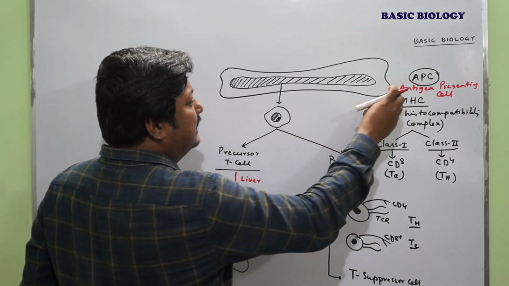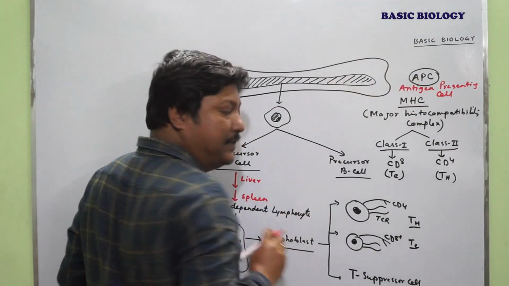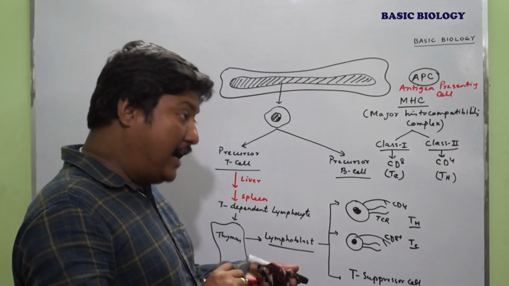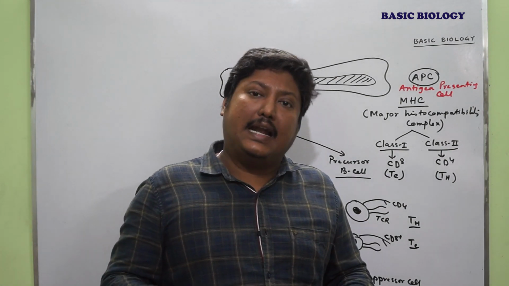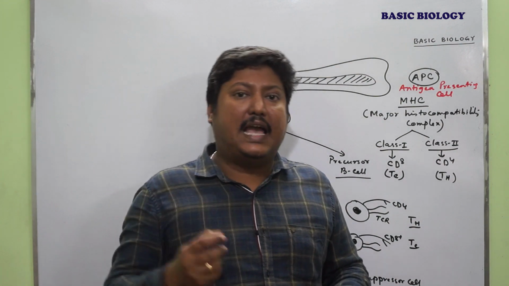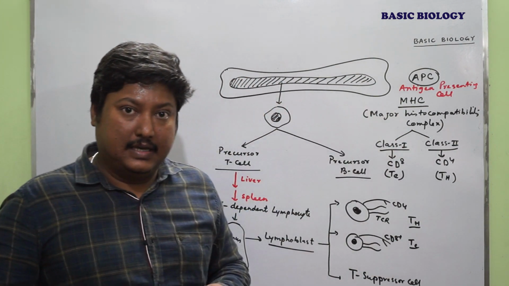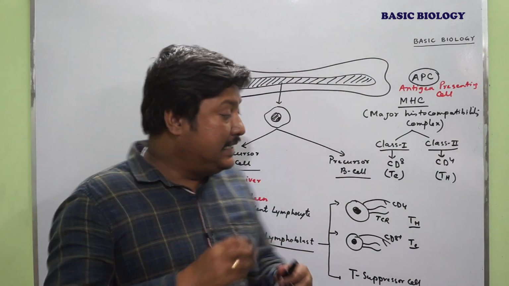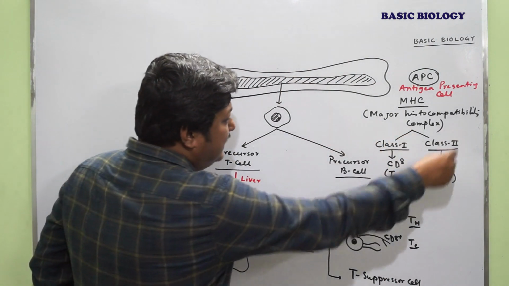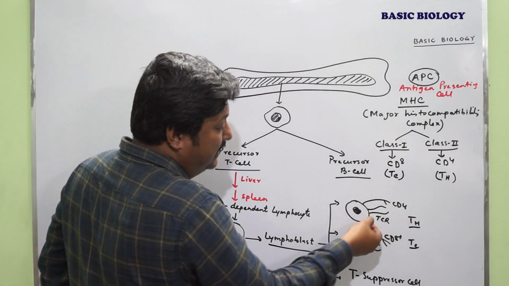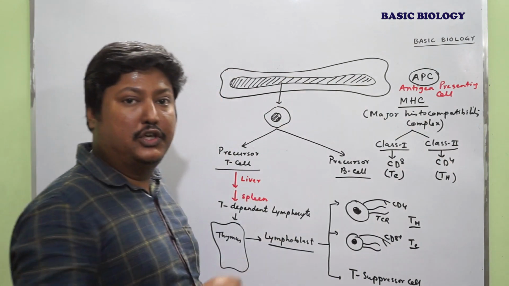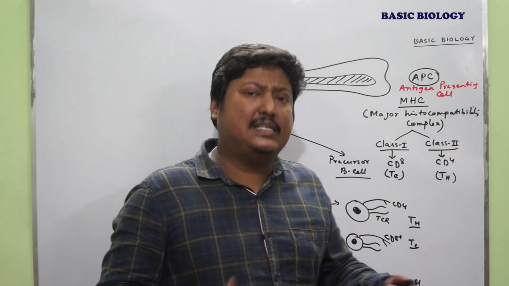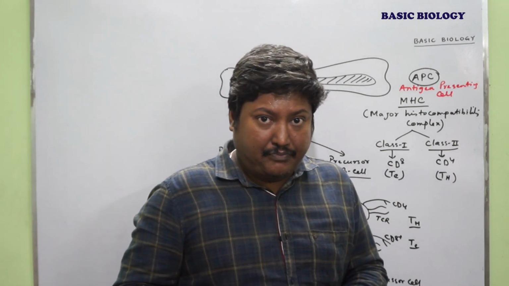For example, macrophage is an APC because it can phagocytose the antigen and present the antigen using this MHC. So T helper cell can recognize antigen via these class 2 molecules and become activated and secrete some cytokines.